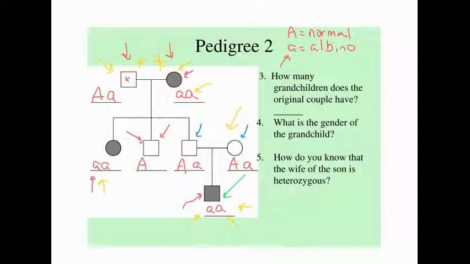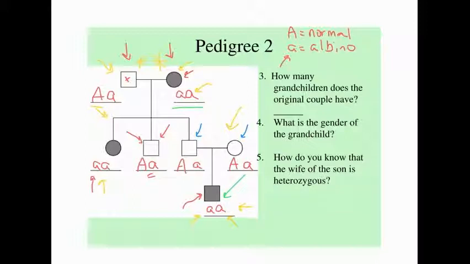Now, what does his other allele have to be? We know he got the big A from his dad, because that's the only parent that has a big A. And from his mom, we know which one he got. He had to have gotten a little a, because that's all the mom has. She just has little a's. So boom, there it is.